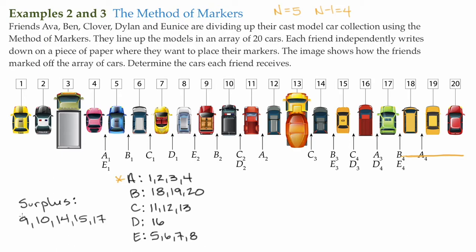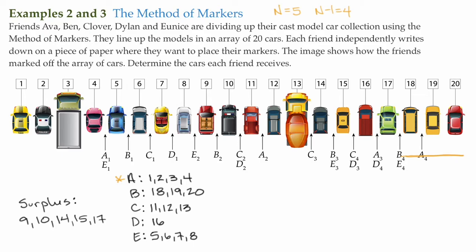So the surplus is 9, 10, 14, 15, and 17. And again, if we go ahead and we add up all the cars here, they should come out to be 20 cars in the array. Now that's the outcome if Ava was to win the tie.